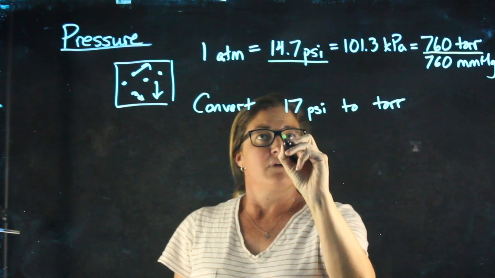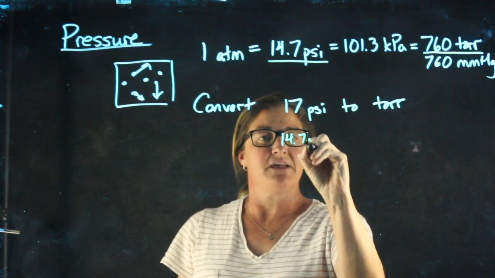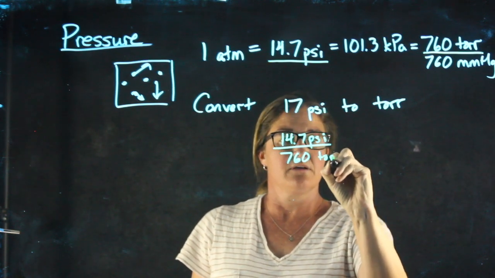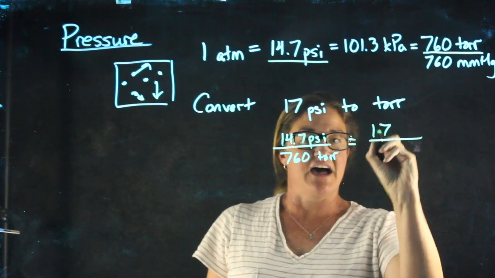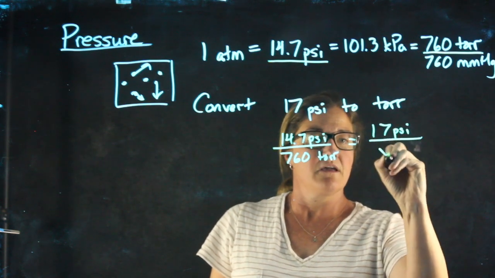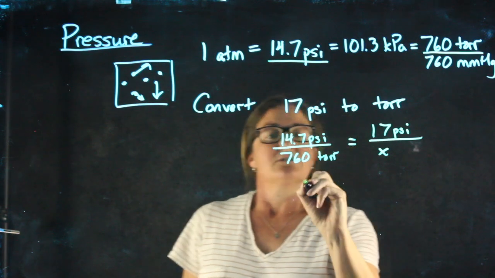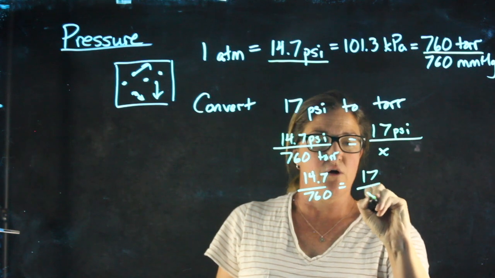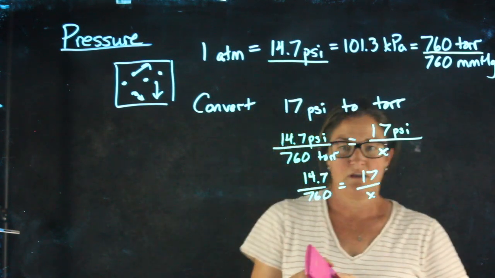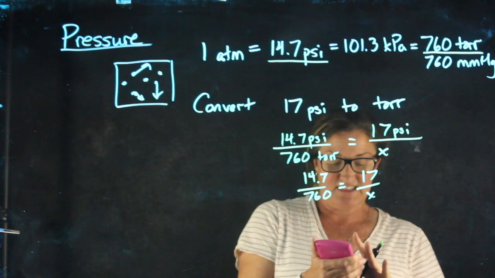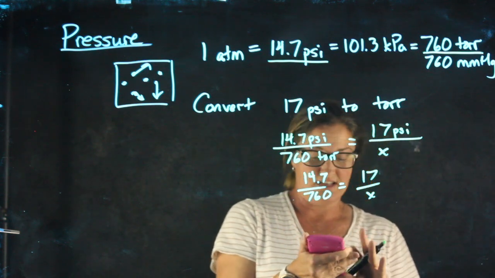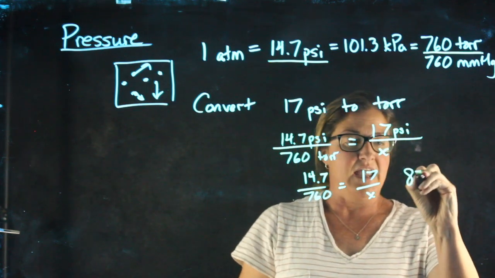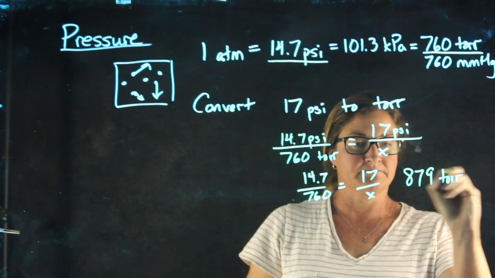So if 14.7 psi is equivalent to 760 torr, then 17 psi is equivalent to what? So 14.7 over 760 equals 17 over x. To solve this, I'm going to multiply 17 times 760 divided by 14.7. This gives me 879 torr.